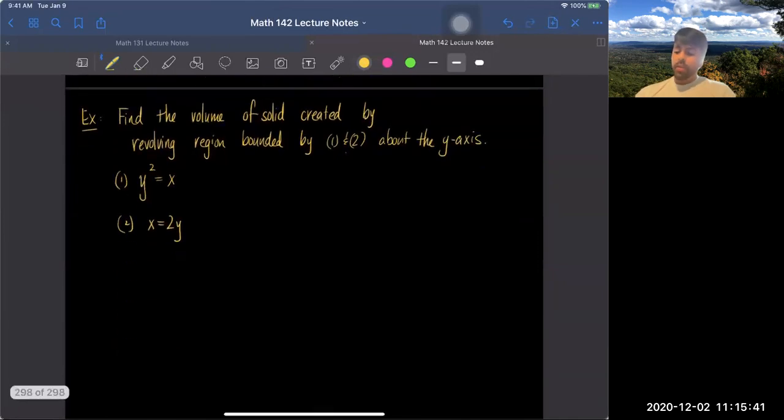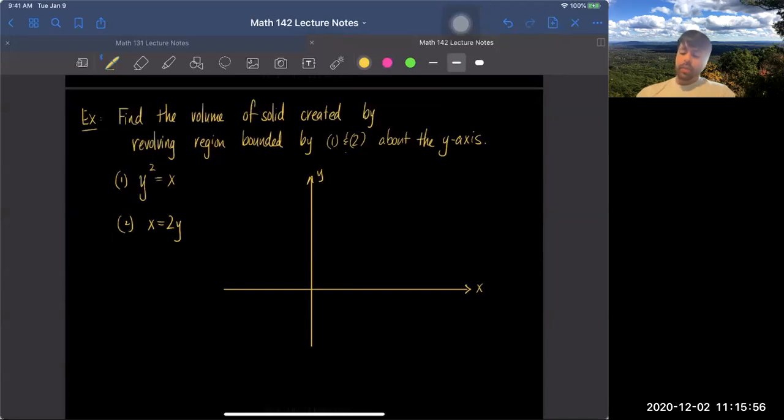So first thing I want to do is sketch. One thing that would maybe help us first is to find the points of intersection. That usually is a great way to start.